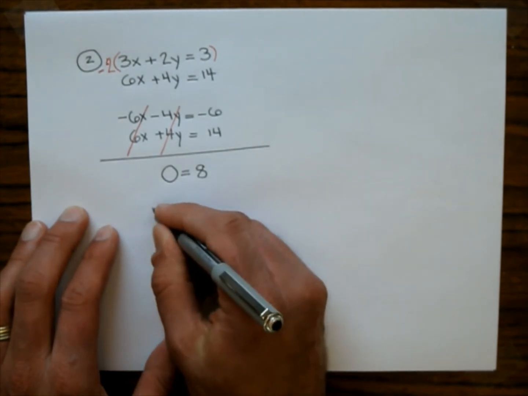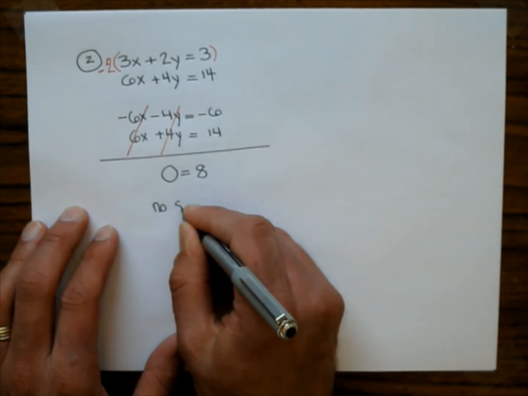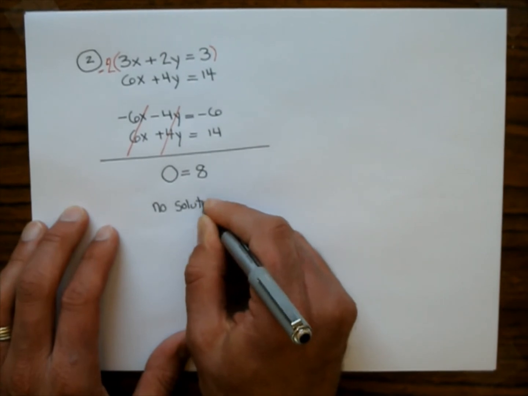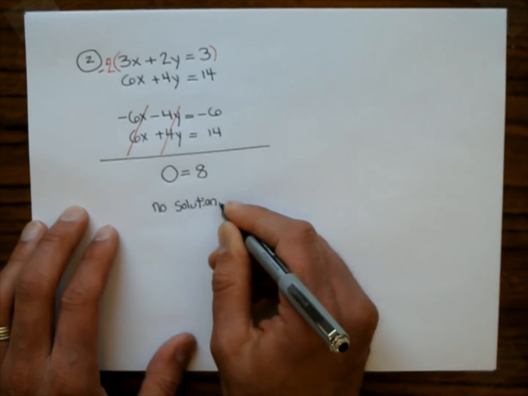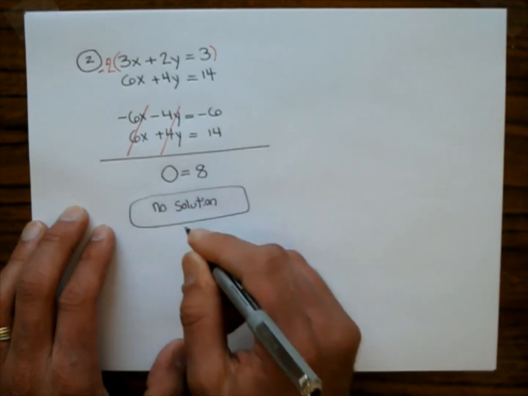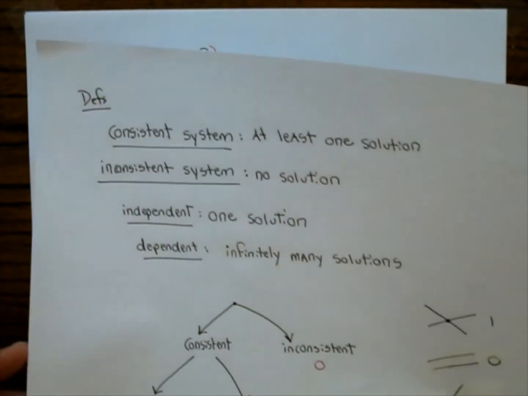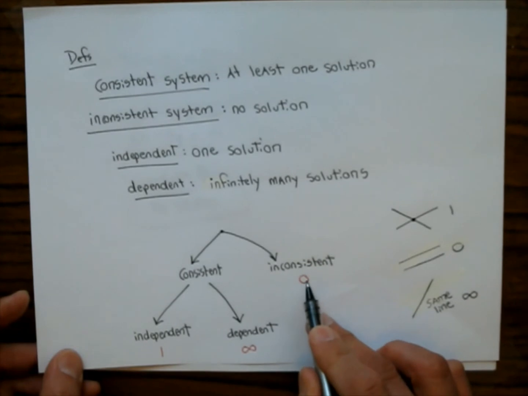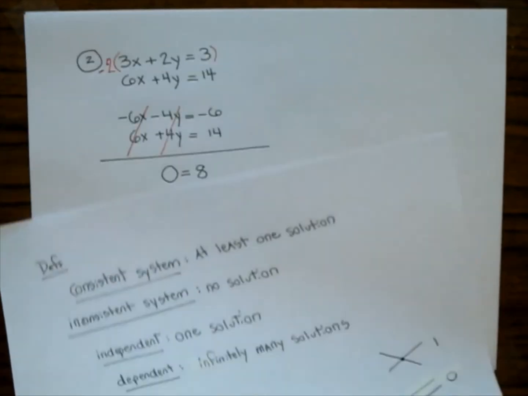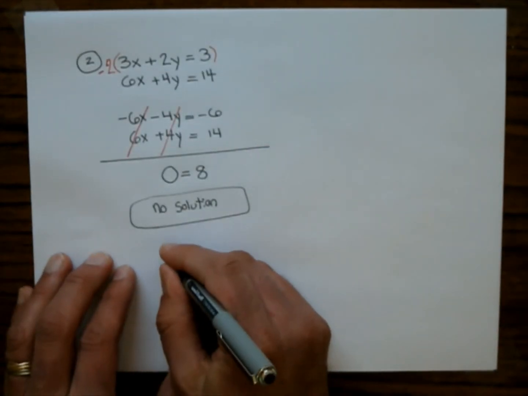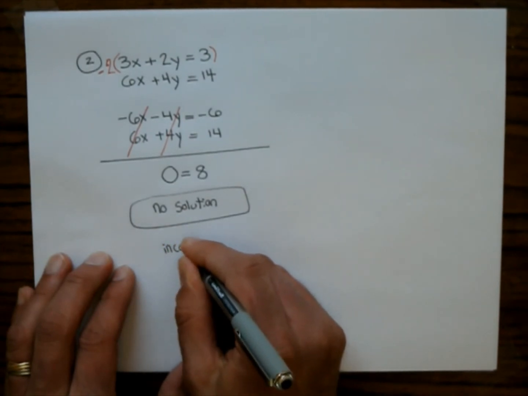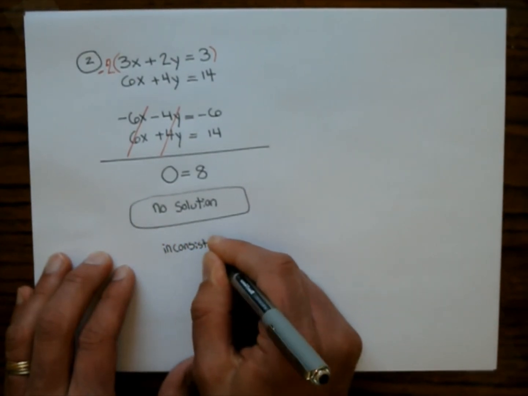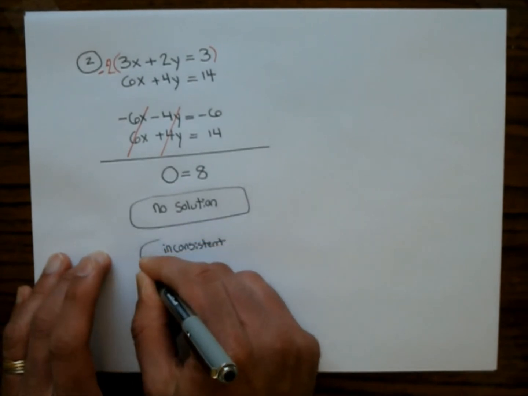So what we ended up saying is that there are no solutions. And going back to that, so that's an acceptable answer. Going back to this, if they ask, hey, is it consistent independent, consistent dependent, or inconsistent? It's inconsistent.